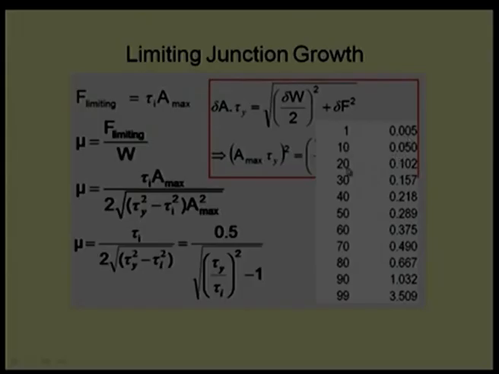We further increase to 20%, and it is almost double, from 0.05 to 0.1. Similarly, we can do more iterations and come to the result. When the interface shear strength is 99% of the bulk shear strength of the soft material, the coefficient of friction is predicted as 3.5.